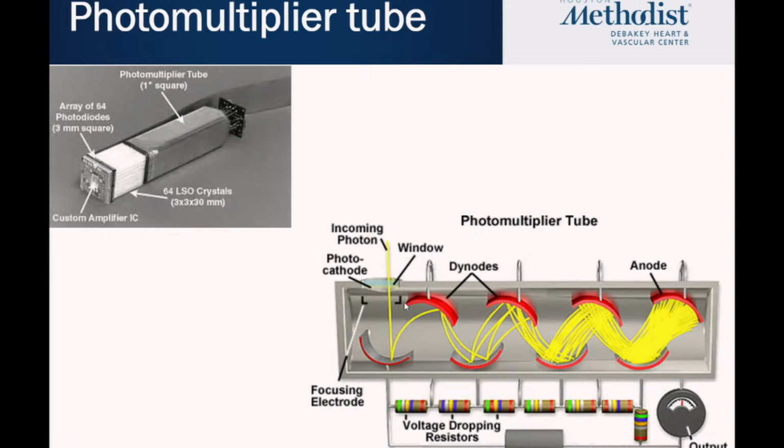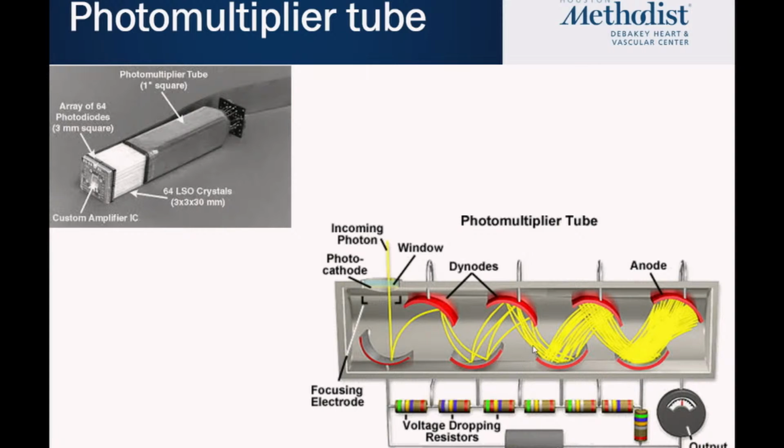You can think of it as a set of mirrors that transmit this light and magnify it. So for one photon, now you have multiple photons, and you have the ability to get multiple signals for this patient.